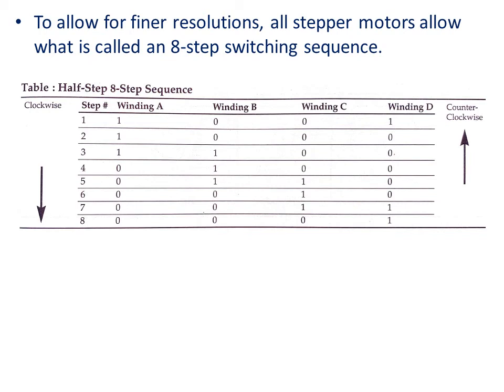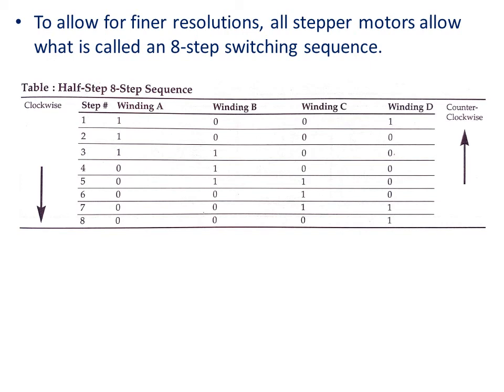In the previous program, we have seen the steps to rotate a stepper motor 64 degrees in the clockwise direction. Now, one might wonder what happens if we want to rotate 45 degrees, since the steps are 2 degrees each. To allow for finer resolutions, all stepper motors allow what is called an 8-step switching sequence, as shown in the table.